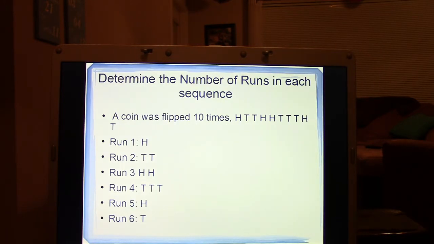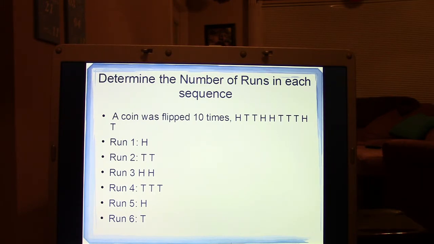So first we must determine the number of runs in each sequence. Again, I flipped this coin 10 times, and the H is labeled in relationship to the heads, and the T is for tails. So I got a head, 2 tails, 2 heads, 3 tails in a row, a head, and then a tail. You then must determine the run sequence.